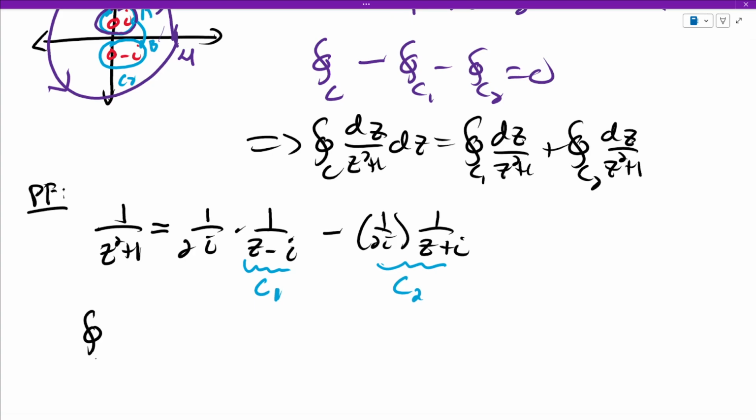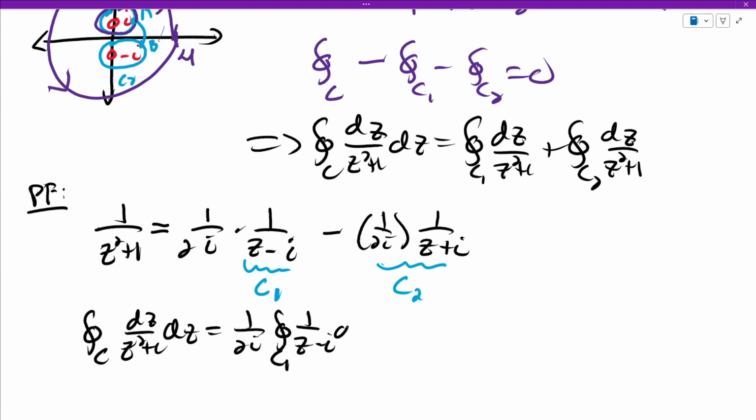So the integral over C of dz over z squared plus 1 is going to be 1 over 2i times the integral over C1 of this first part. And the second part when we integrate over C1 is 0 because it's analytic inside of C1. And then we're going to get minus 1 over 2i times the integral over C2.